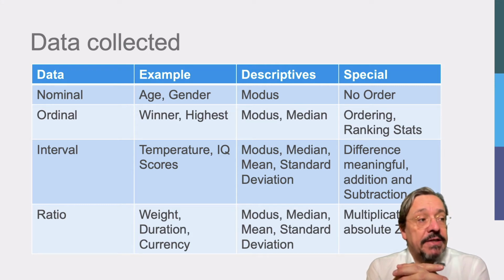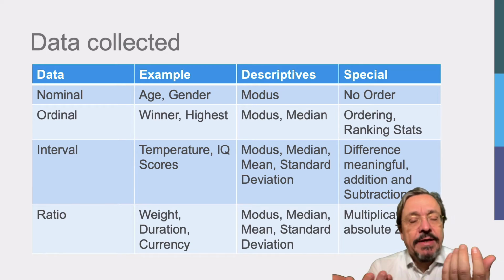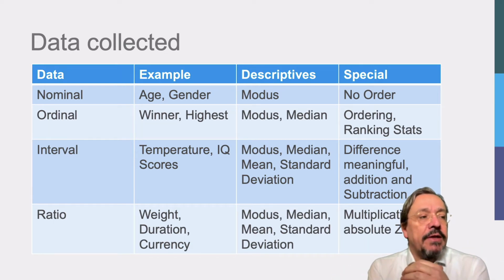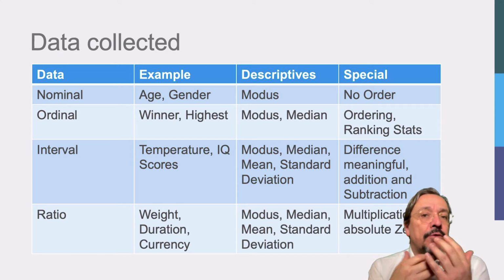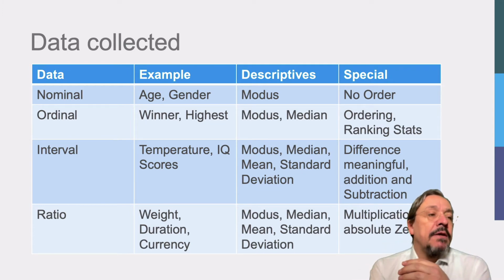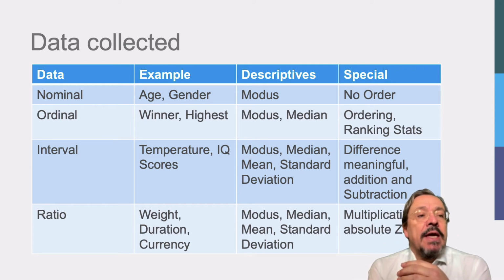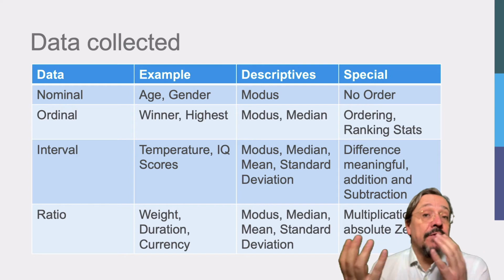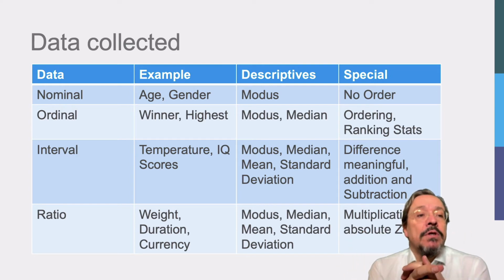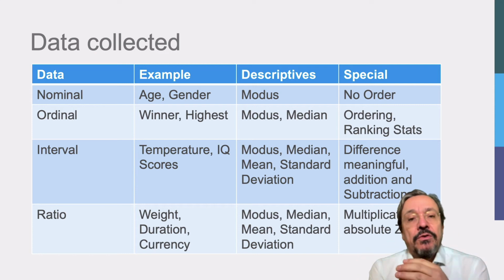The interval data, that is what we find mostly. So IQ scores are calculated on that, temperatures, and there you can already use the full range of descriptive statistics, mode, median, standard deviation. And important here, the difference becomes meaningful. So you can also transpose and transfer your data sets based on that.